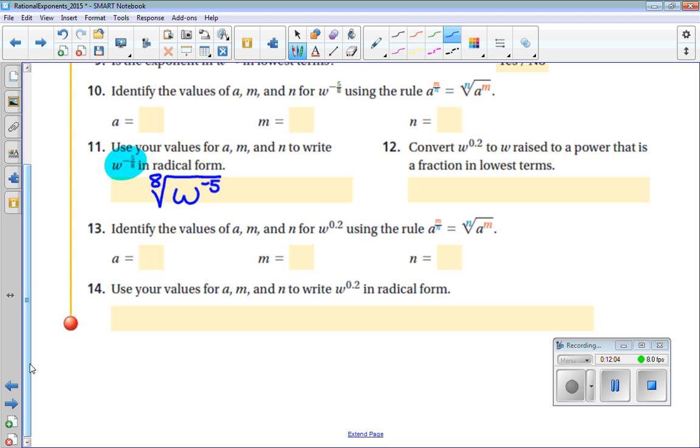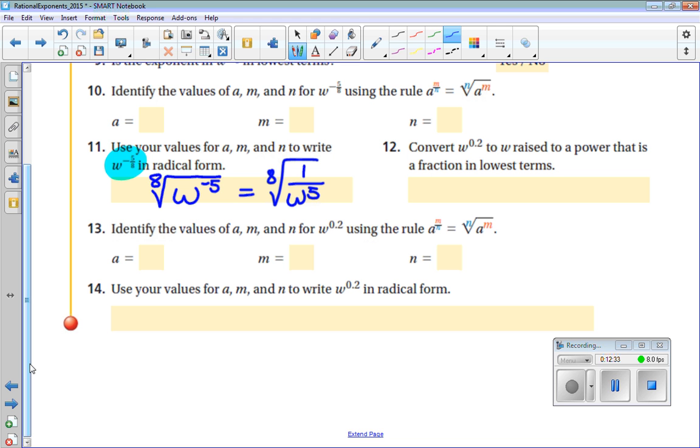The negative is where? Can you have negative exponents? We really want to write our answer with positive exponents. So how could I rewrite this? Where am I going to put positive w to the 5th? In the denominator. And then what would go on the top? A 1. So that would be in completely simplified form. Okay? Any questions about that?